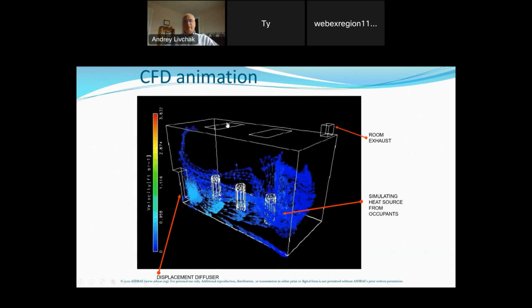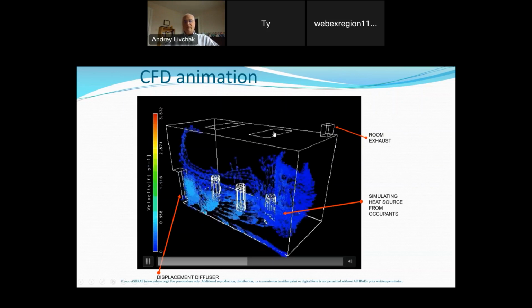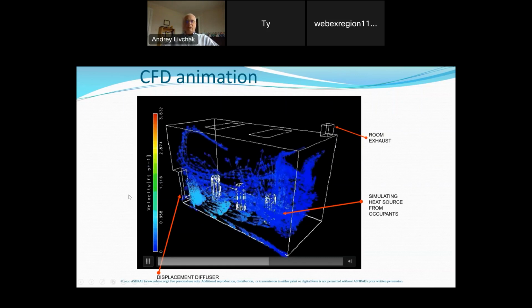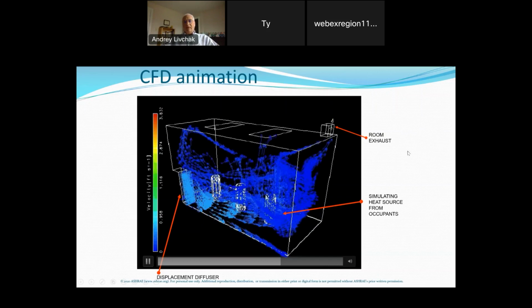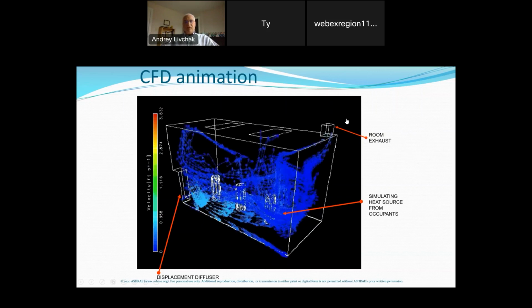These are ceiling lights. They also represent heat sources. And you can see how gradually all this air first spreads along the floor, and then heat sources move it into the upper part of the space, and eventually supply air, which is exhaust.